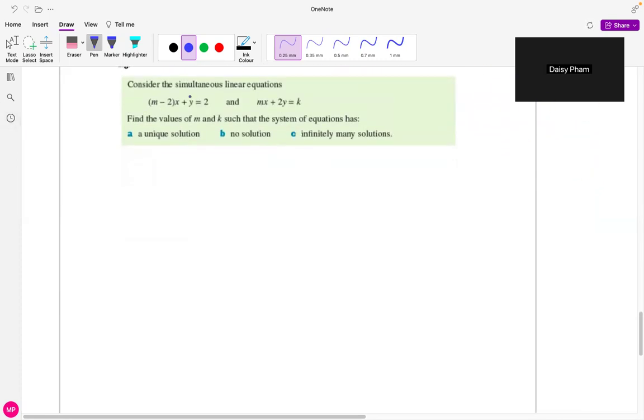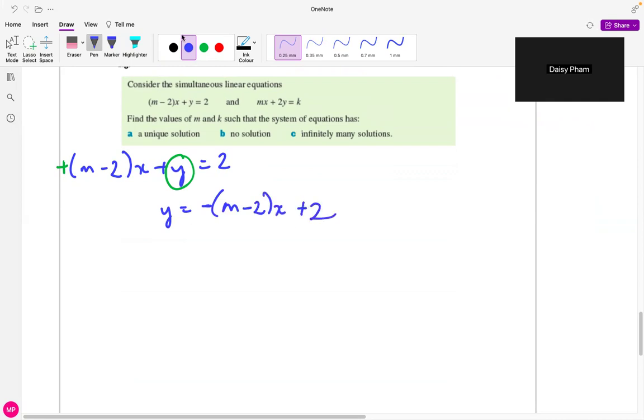Our first step is to rearrange to solve for y. I start with the first one, m minus 2x plus y equals 2. To make y the subject, I move the whole thing to the other side. Because it's a plus, the opposite is minus, so you minus the whole bunch of things to this side. So you will have y equals negative m minus 2x plus 2.